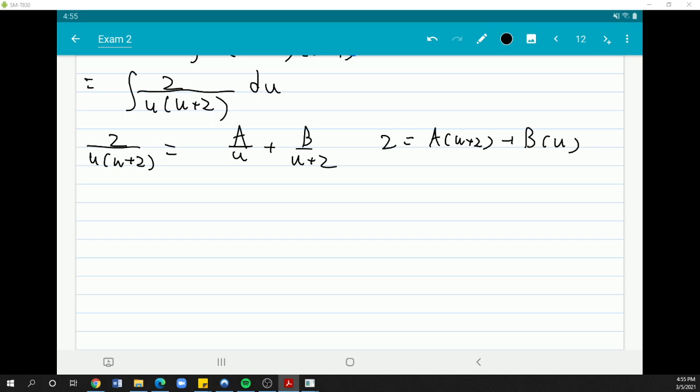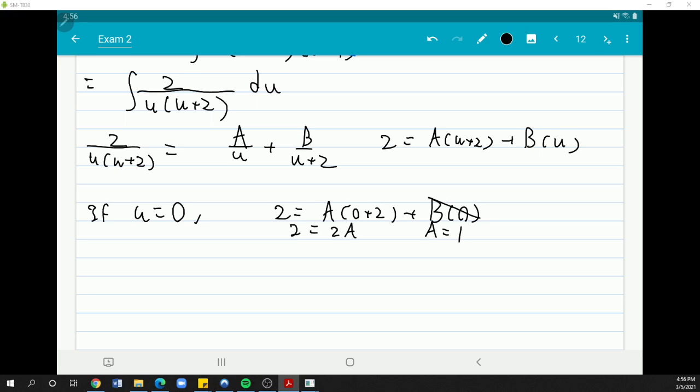But because everything's linear, another option is we can say if u is equal to 2, not 0, if u is equal to 2, then in this equation you plug in u for 2. So 2 is a times 2 plus 2. I don't want u equals 2, sorry. If u is equal to 0, 2 is equal to a times 0 plus 2 plus b times 0. 2 equals 2a, or a is equal to 1.